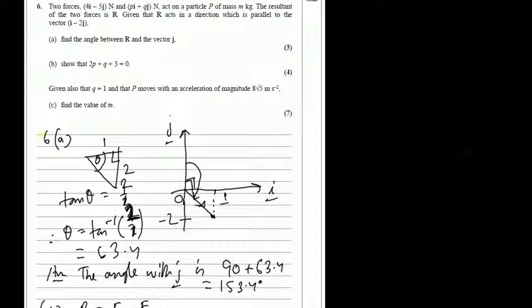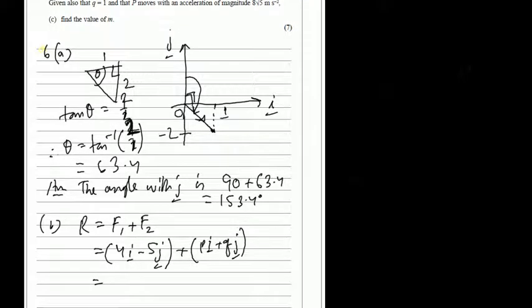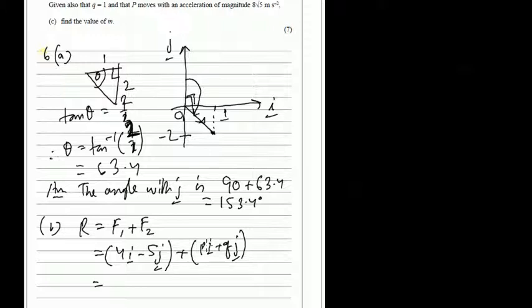So it is going to be 4i minus 5j plus pi plus qj. If we add it up, then that would be 4i plus pi, which is 4 plus p, plus minus 5 plus q j.